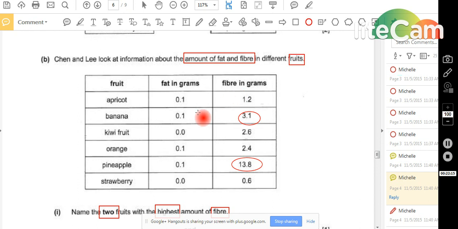Okay, so in order to get a fair comparison of an apricot to a pineapple, I would say rather use the same sample sizes. So use the same amount or the same volume of apricot and pineapple that's being tested.